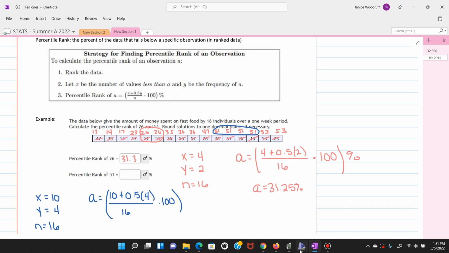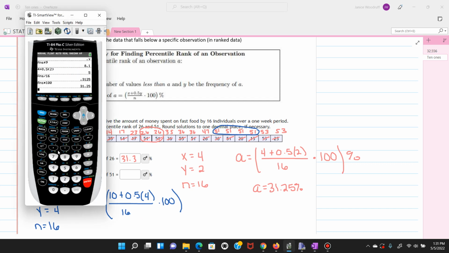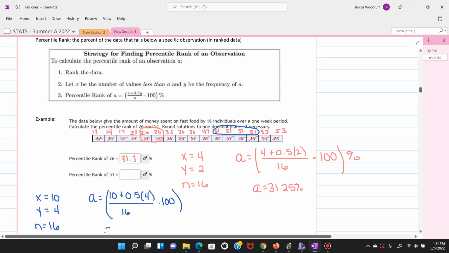Okay, so 10 plus 0.5 times 4, 12 divided by 16, 0.75 times 100, 75. So that percentile is 75. So if you spend $51 in a week on fast food, you are in the 75th percentile of data, or of people buying fast food.